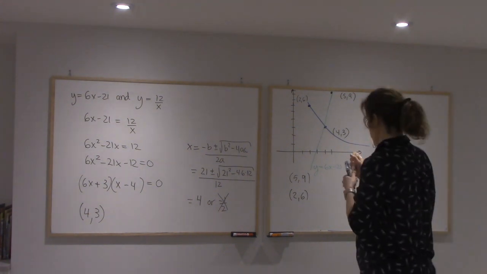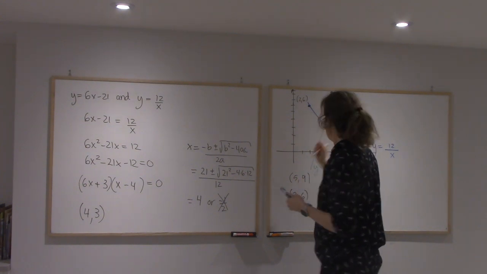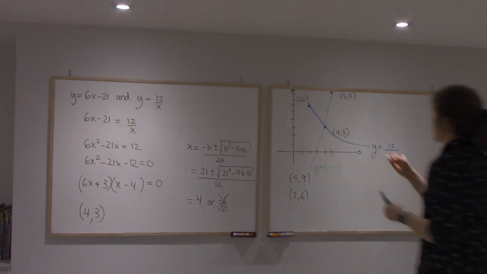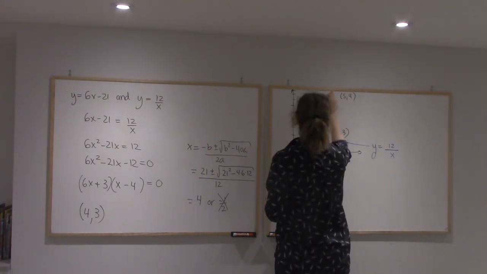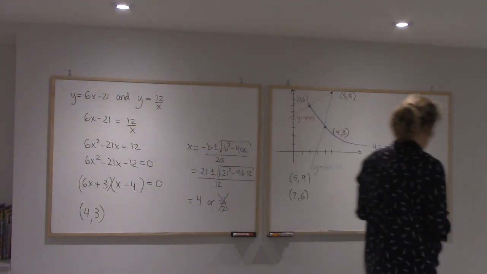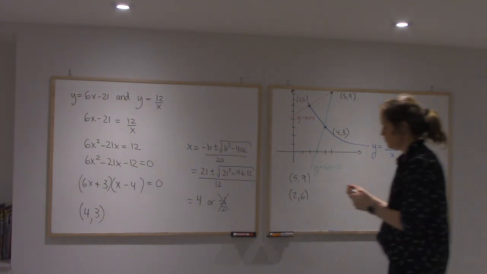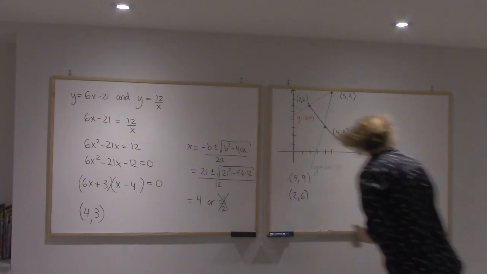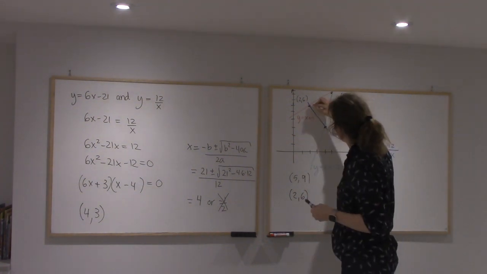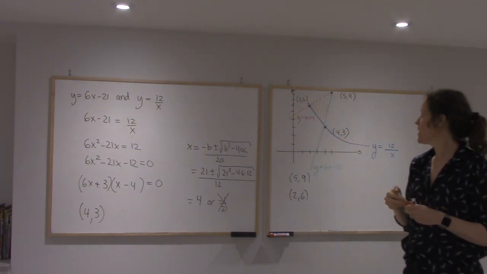And the final one is y equals x plus 4. So x plus 4 looks something like this. So the region we want is this region way up here, and I want to find its area.